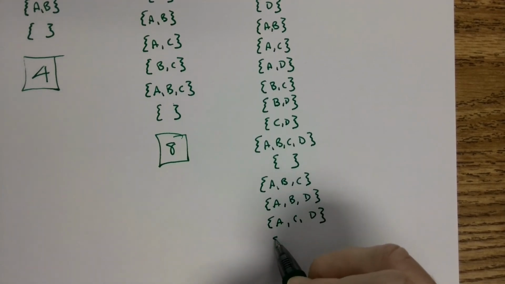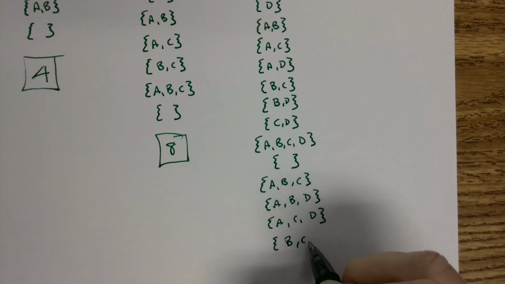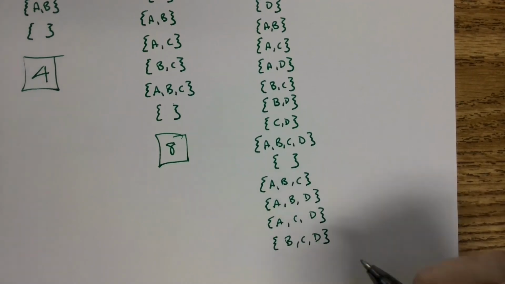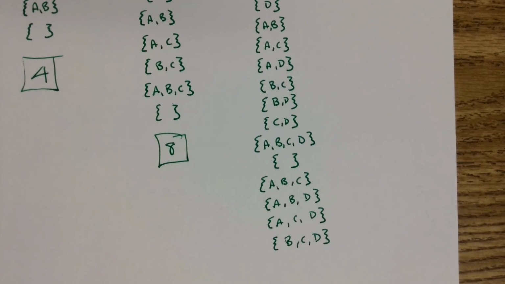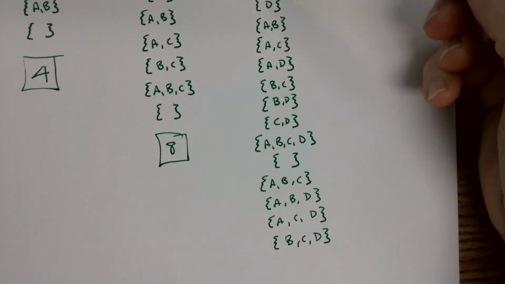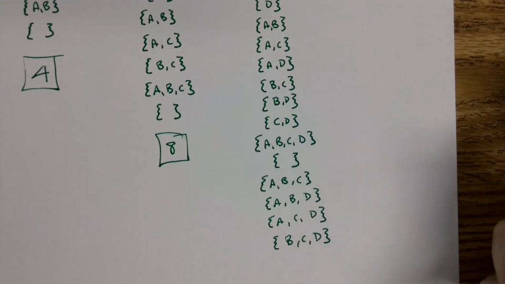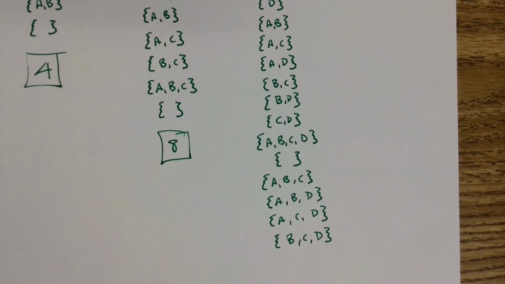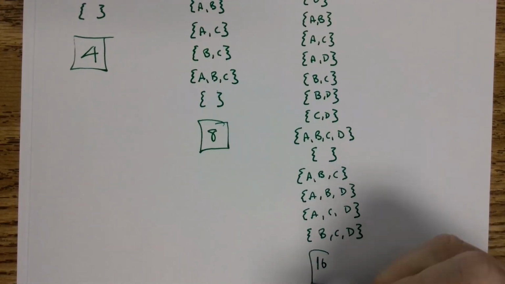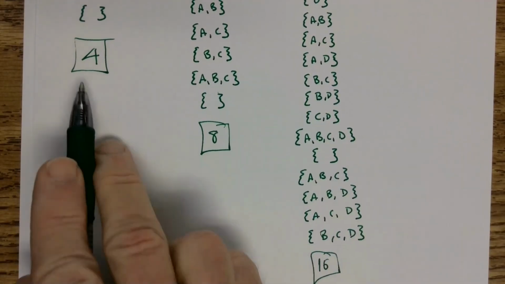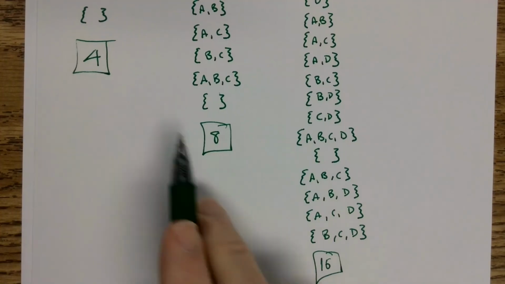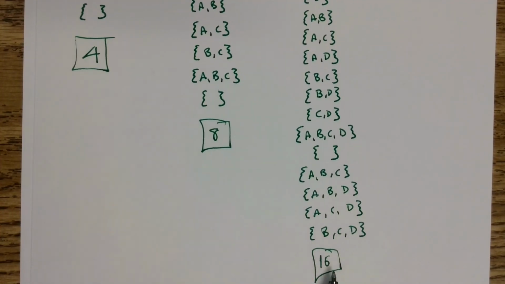And how about B, C, D? Now how many do I have? 1, 2, 3, 4, 5, 6, 7, 8, 9, 10, 11, 12, 13, 14, 15, 16. Now I got 16. That also seems like it could fit a pattern. We start with 4, 8, 16. Seems like we're doubling every time.